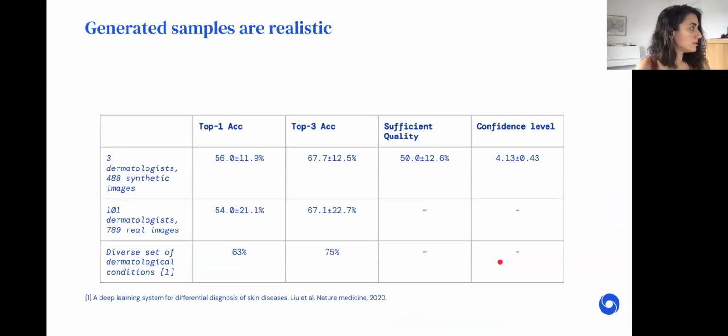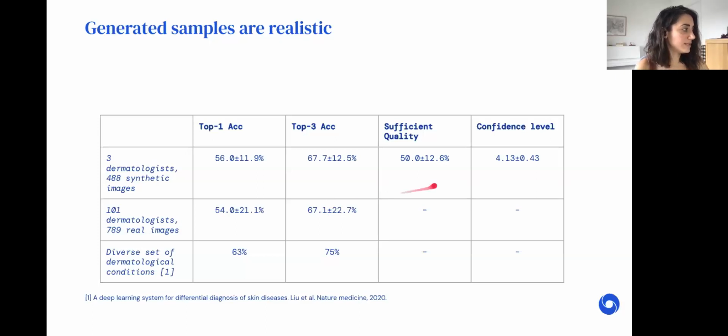So yeah, here is just showing, if we focus on the second column, the top 3 accuracy on synthetic images, then dermatologists had almost 68% top 3 accuracy amongst the 28 conditions, whereas the equivalent number for this same set of conditions on real images was 67%. So they're actually very much comparable.